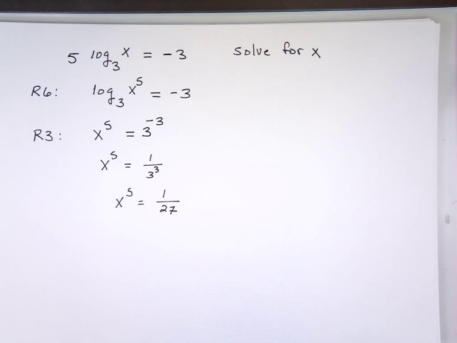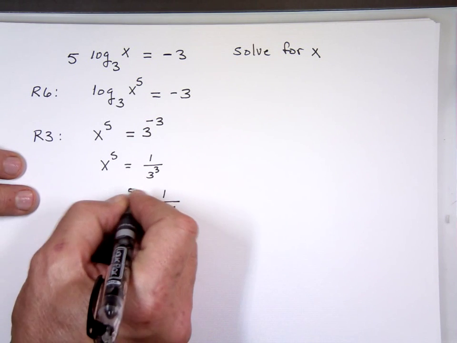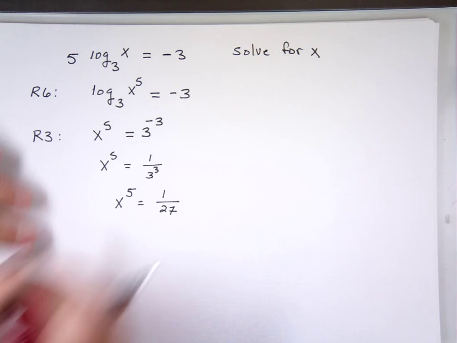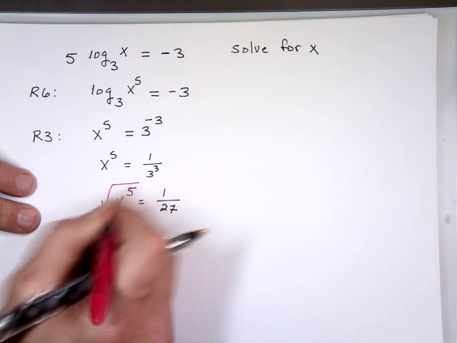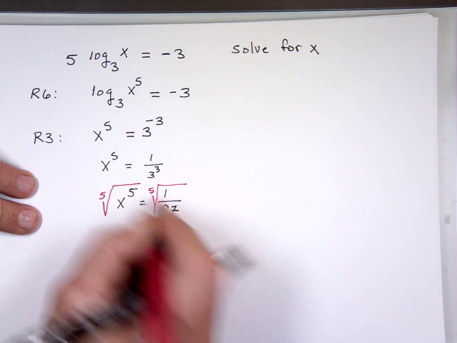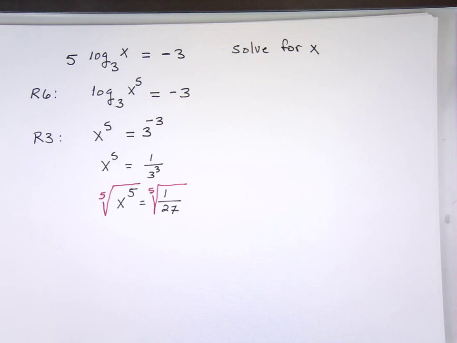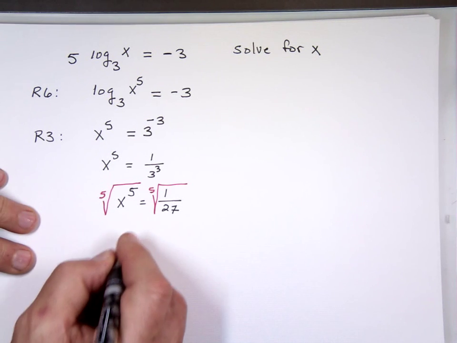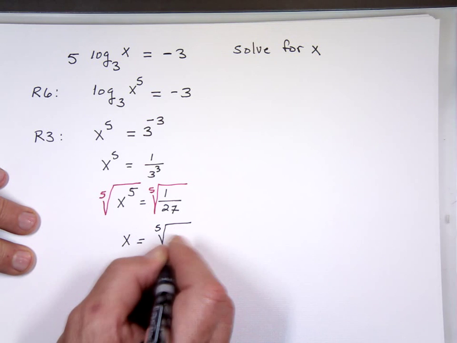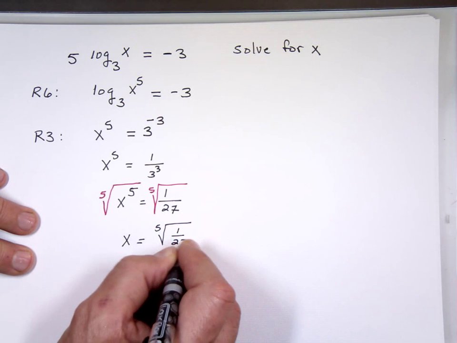How do you solve for x? Not square root, fifth root. So x equals the fifth root of 1 over 27. That's your exact answer.